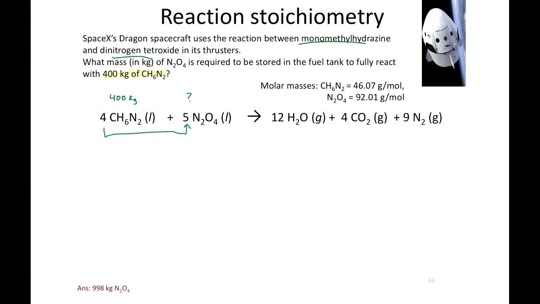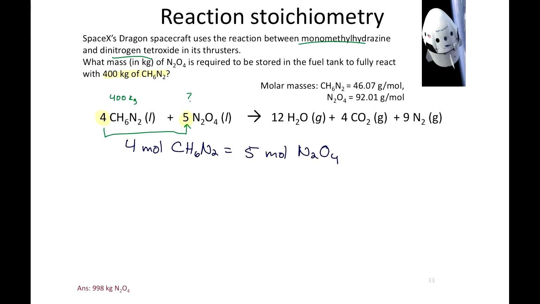So let's collect those quantities here. I can see from the balanced chemical equation that you need 4 moles of this hydrazine stuff, CH6N2, is equal to 5 moles of N2O4.